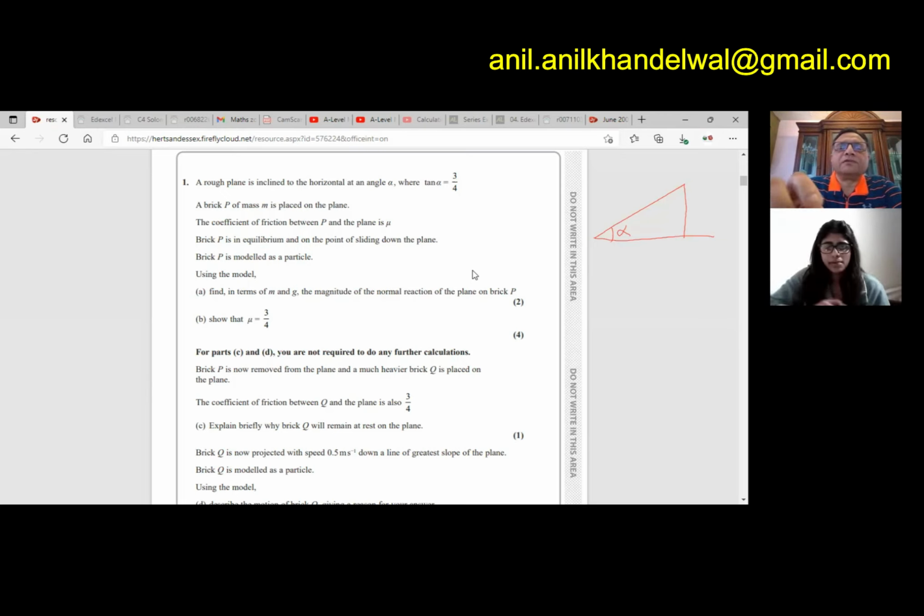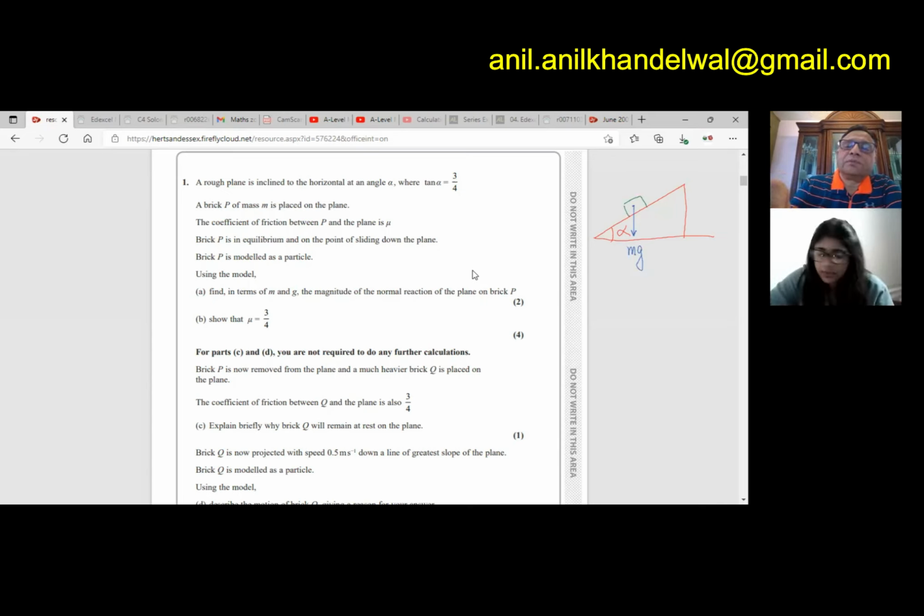Then show that mu is tan alpha. Okay, so that's the second part. So let's say we have a brick here. Now, if you look into the forces, this is mg. Reaction would be perpendicular to the inclined slope.